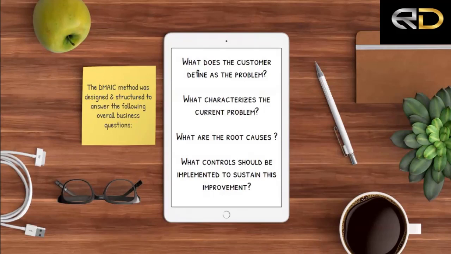So whenever you see Lean Six Sigma being used, including those 15 case studies from 15 different industries, you are going to see that at the end of the day, this technique, the DMAIC methodology, is used to address what the customer defines as the problem, what the characteristics of that problem are, what the root causes are, and what controls should be implemented to sustain the improvement. So whatever we do today, including the case that I'm going to read out to you, these are all the questions that we need to answer.